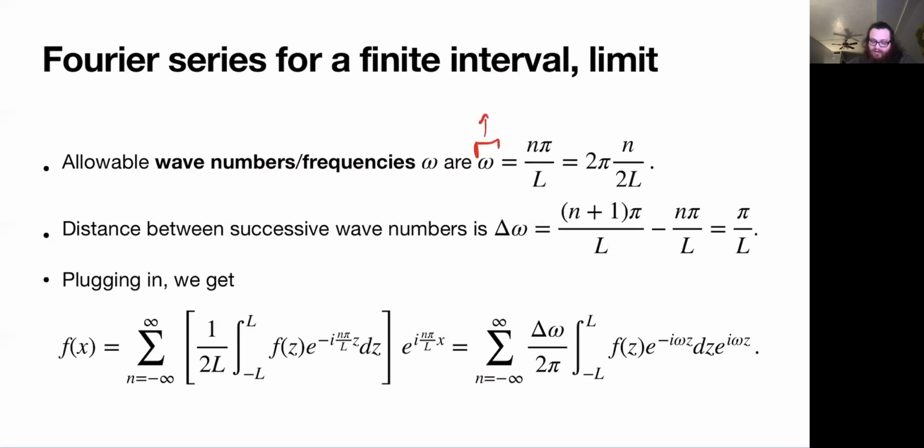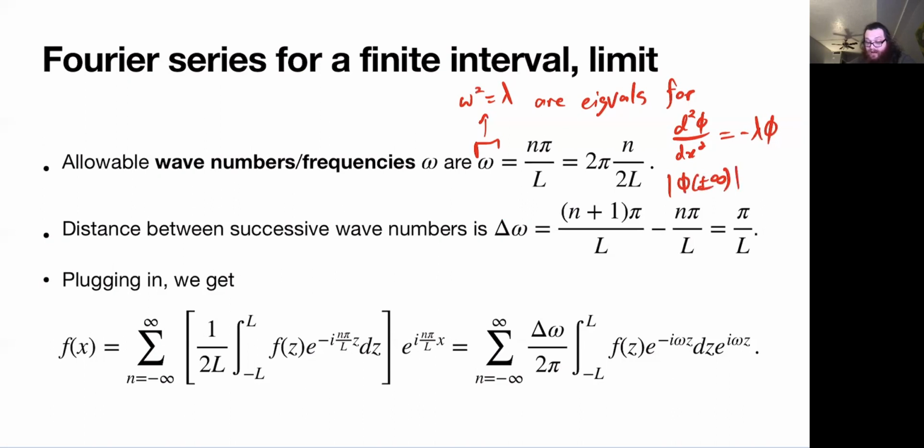So right here, omega squared equals lambda, the eigenvalues for the ODE d squared phi dx squared equals minus lambda phi, where phi is going to be bounded as you head off to positive or minus infinity, right?